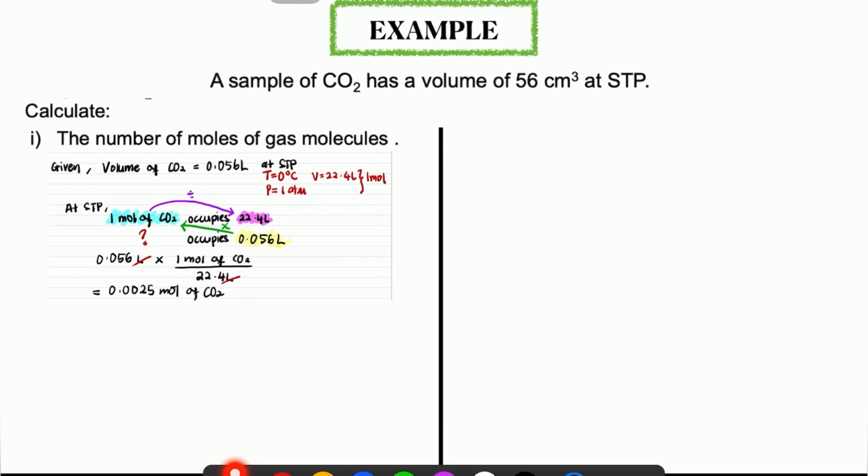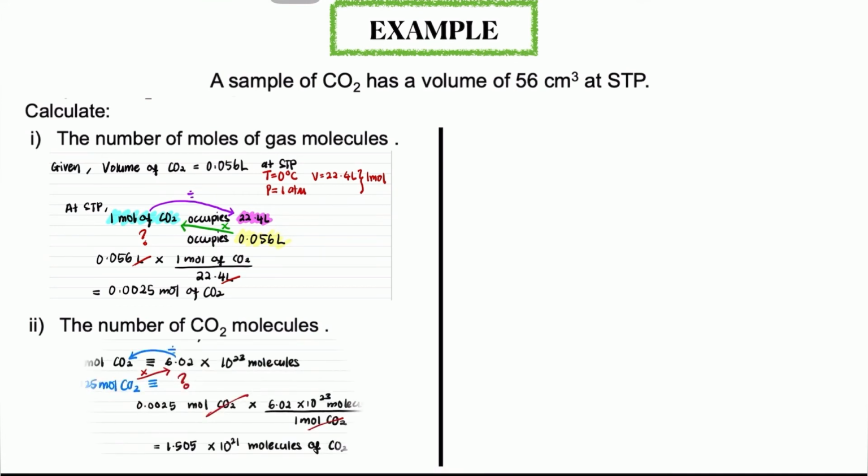Next, after you get the moles of carbon dioxide for the 0.056 liter, you need to calculate the number of carbon dioxide molecules. We know that 1 mole of carbon dioxide molecules is equivalent to, the 3 lines here stand for equivalent to, 6.02 times 10 to the power 23 molecules.